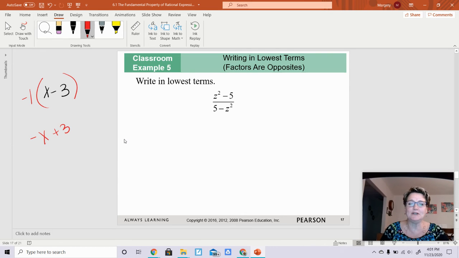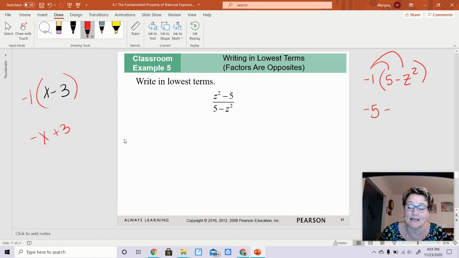So what I'm going to end up doing is I'm going to manipulate that. By multiplying by a -1, I'm going to get -5. I'm going to multiply this times this, and I'm going to get a positive z squared. So in reality, I get z squared minus 5.